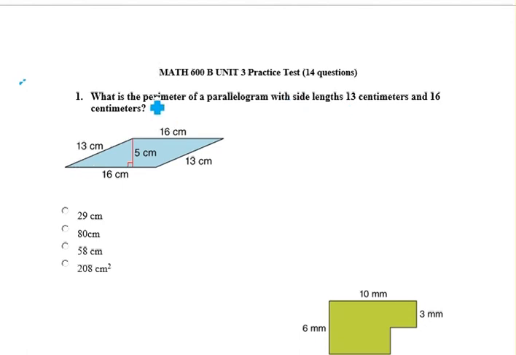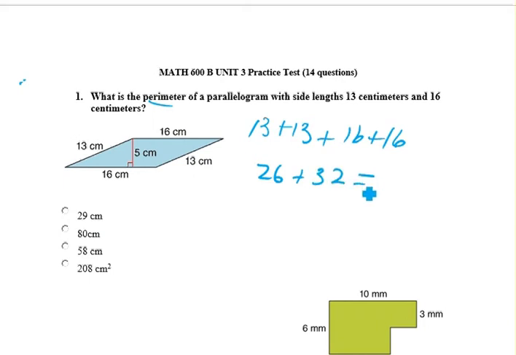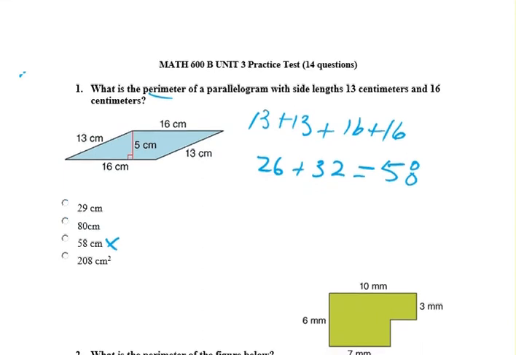So it's going to be 13 plus 16 plus 13 plus 16, or 13 plus 13 plus 16 plus 16, and 13 and 13 is 26, and 16 and 16 is 32, and 26 plus 32 is 58 centimeters. Sometimes I figure out the area on those, because I don't read the question carefully.